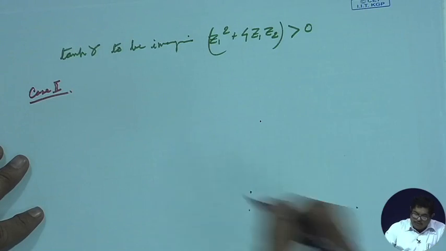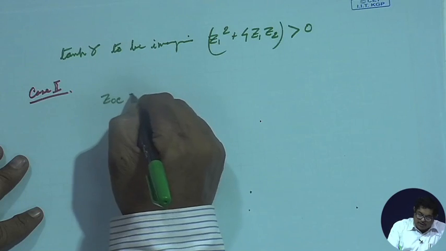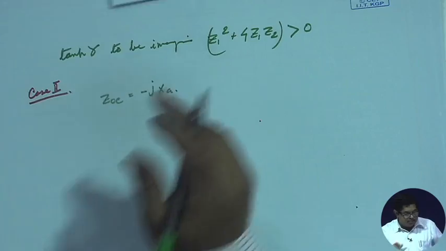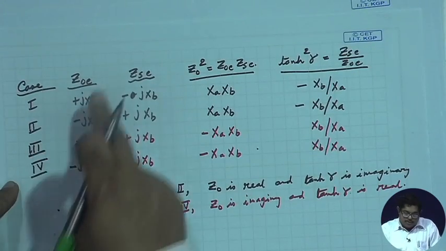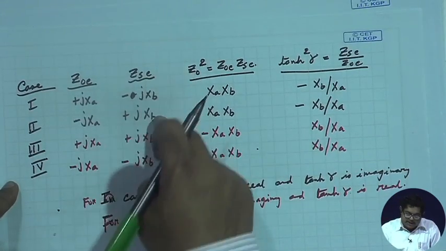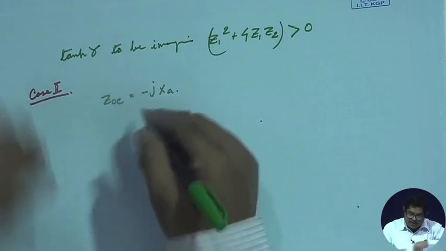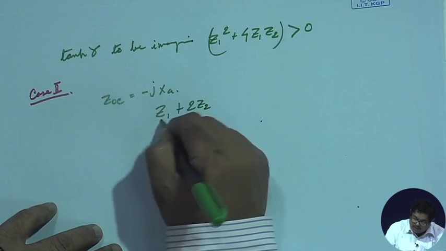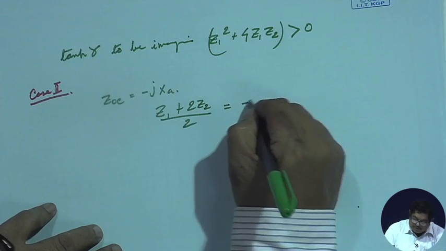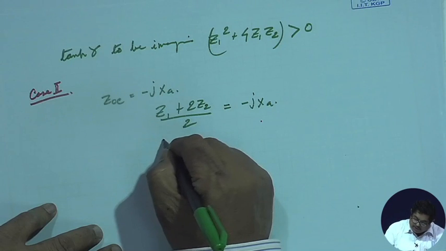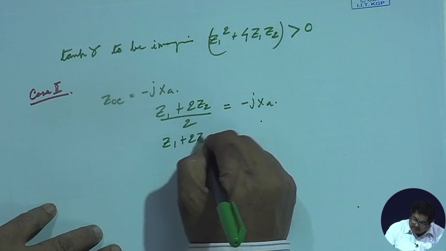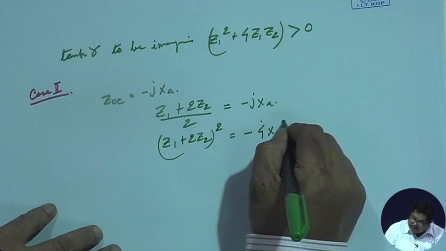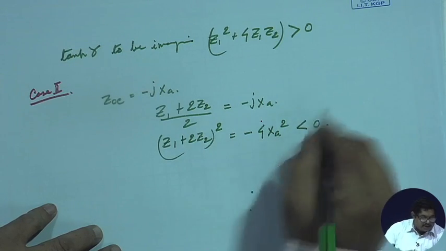There we have seen ZOC is minus JXA and ZSC is plus JXB. With this, what happens to (Z1 plus 2Z2) by 2? That becomes minus JXA. So what happens to the square of this? (Z1 plus 2Z2) square is again minus 4 XA square, again less than 0.